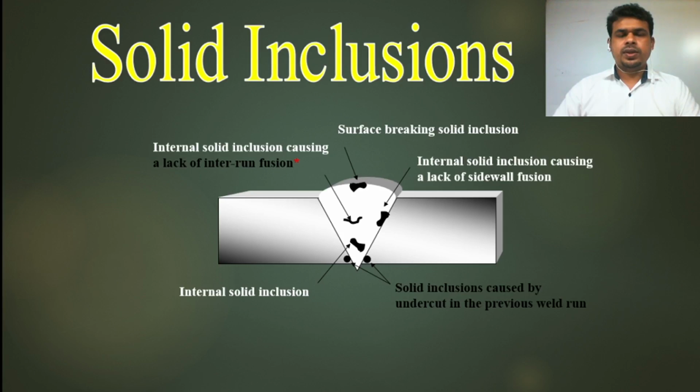Then the internal solid inclusion causing a lack of inter-run fusion. In this picture this is the surface breaking inclusion, maybe slag or some other thing is there. Then this is the lack of sidewall fusion. All these things I will discuss with you one by one.